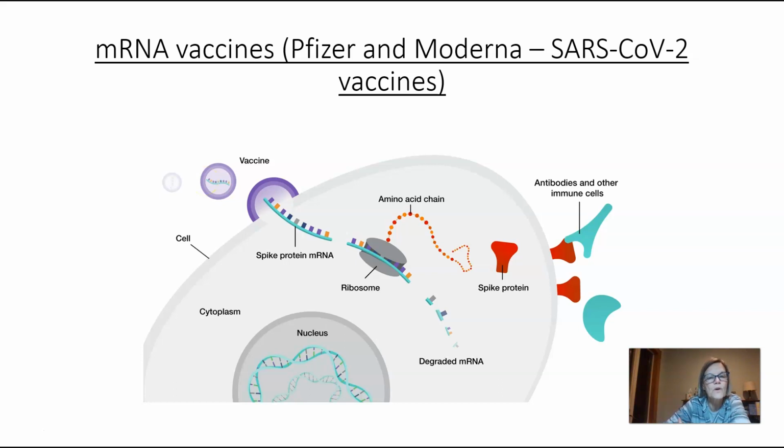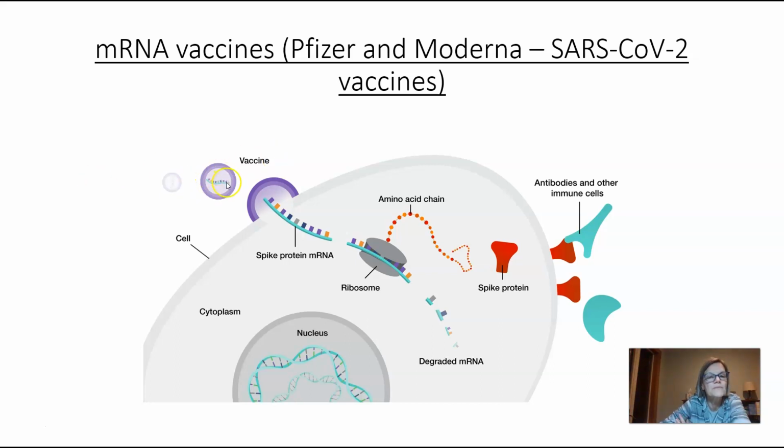So it's a copy of one gene. And that one gene is the gene that makes the spikes on the outside of the virus. Remember that coronaviruses have all those spikes that look like a crown. And so the RNA that's in the vaccine is the SARS-CoV-2 RNA, enough RNA to encode for the spike protein.